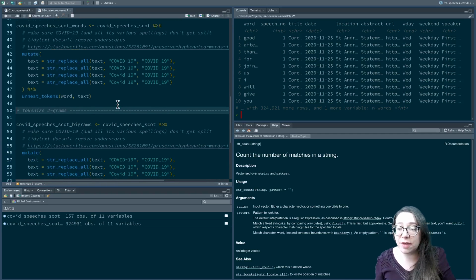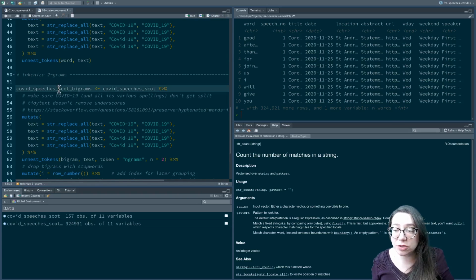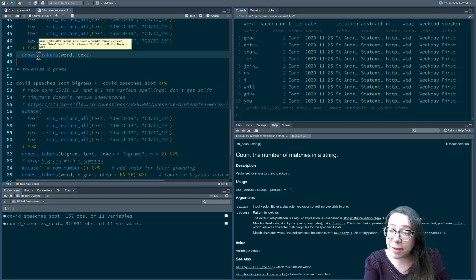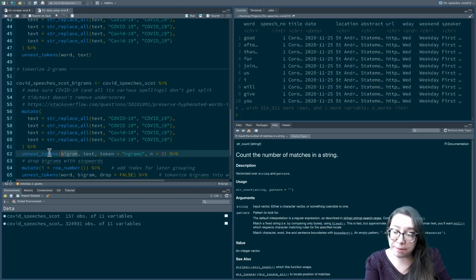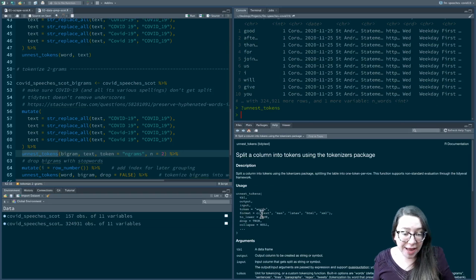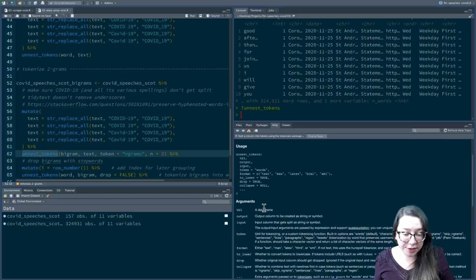And another thing that we might want to do later on is also get the bigrams. So in this case, the only difference is that I was unnesting the tokens initially by word, and in this case by bigram. If you take a look at the unnest tokens function, you can see that you might choose different tokens as well.